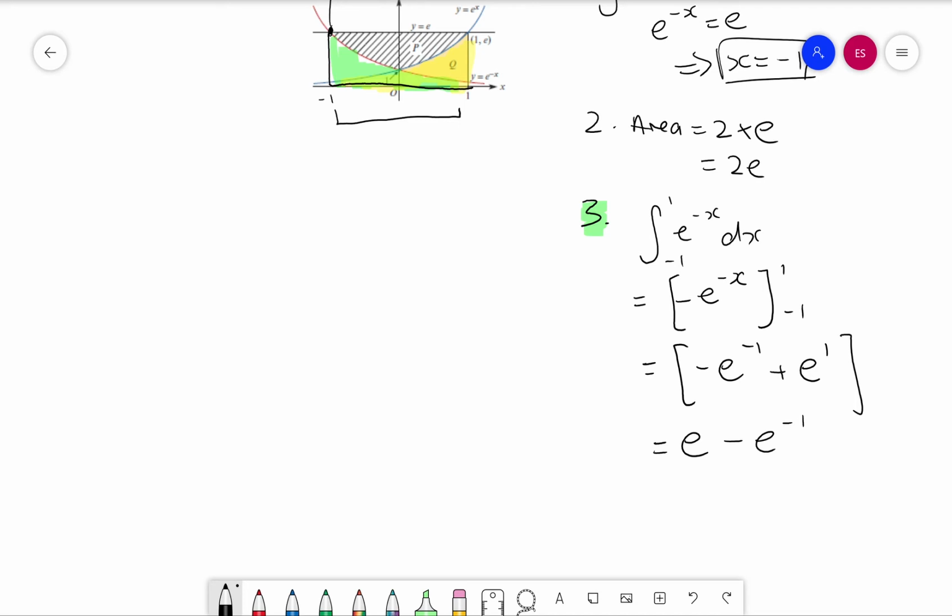Now we also need to find this yellow bit as well.